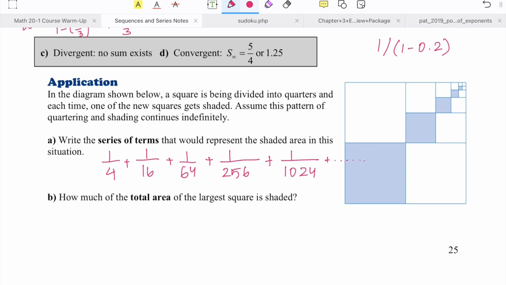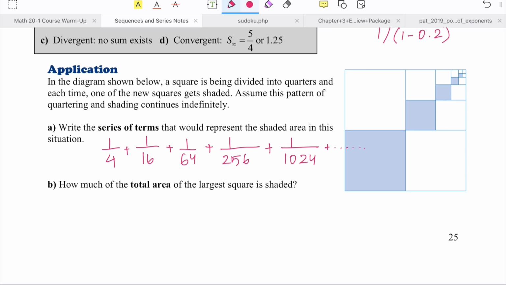So let's figure out if we can solve this question or not. We have T1, which is 1 over 4. We have our ratio, because the pattern of quartering is going to be 1/4 as well, right? That means 1/4 is 0.25, and that is in between -1 and 1.